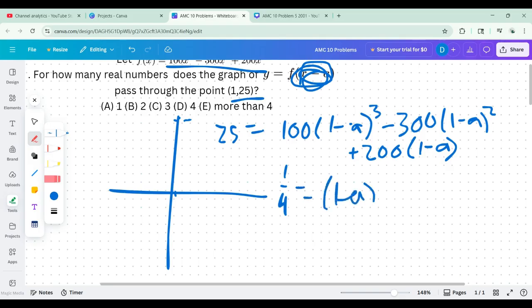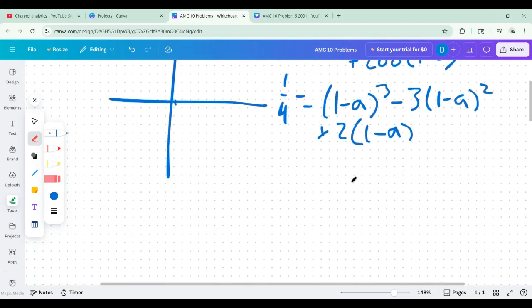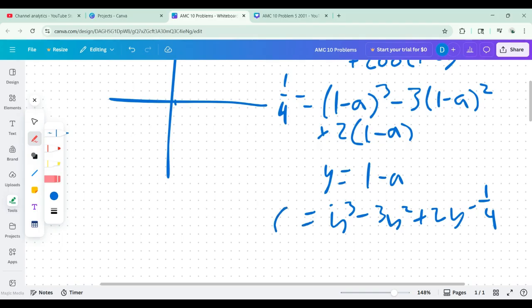So we have 1/4 is equal to 1 minus a cubed minus 3 times 1 minus a squared plus 2 times 1 minus a. And to make our lives much simpler, we can substitute y for 1 minus a. So we have y cubed minus 3y squared plus 2y is minus 1/4, because we brought the 1/4 over.